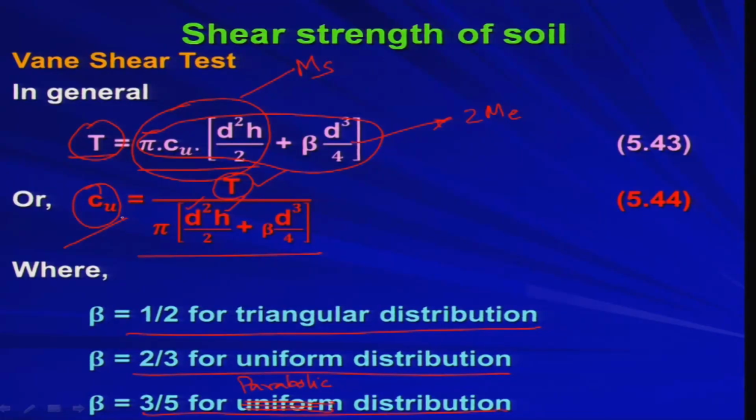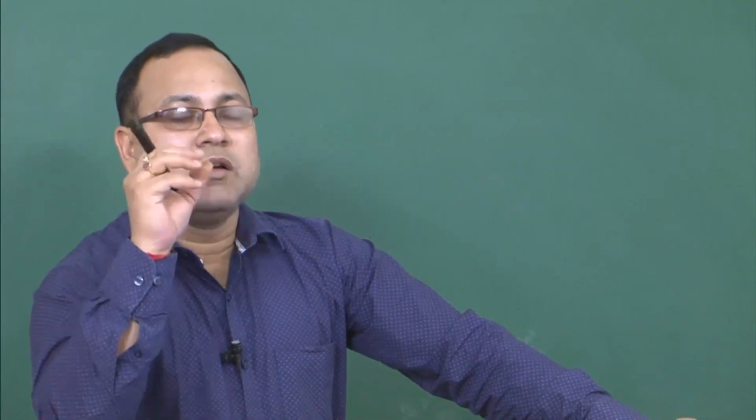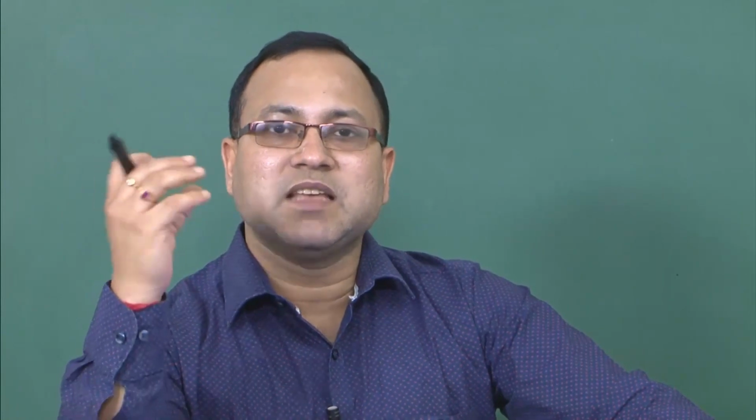And one more thing: if you are collecting soil samples for your laboratory test, you need to collect the soil sample from the soil deposit, that is from the field. When you are collecting the soil sample, of course disturbance will be there, so that will disturb the soil structure. Whatever soil is actually available at the site may not be the same when you are doing the laboratory experiment, because of your collection and storing, some structural change happens in the soil.